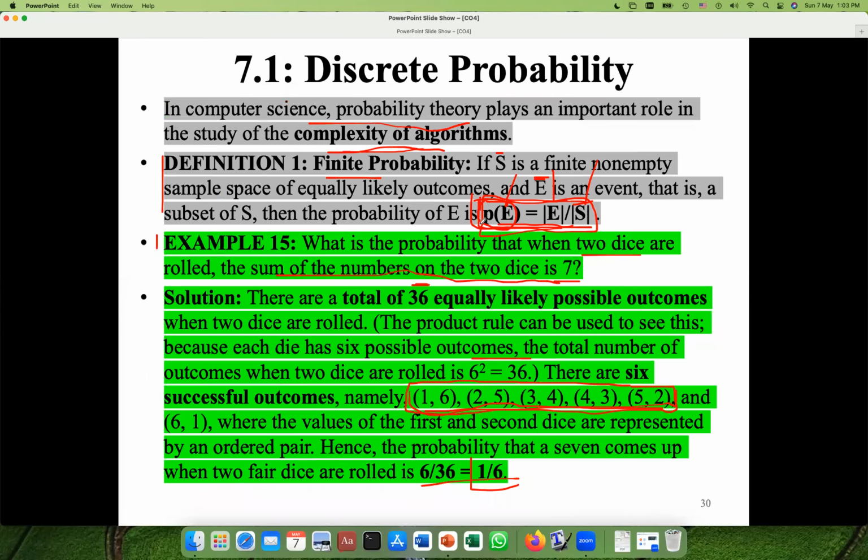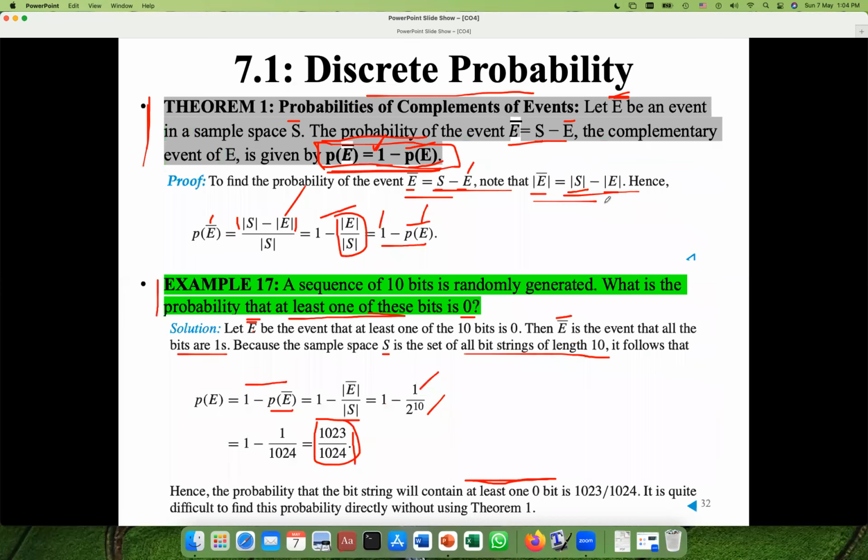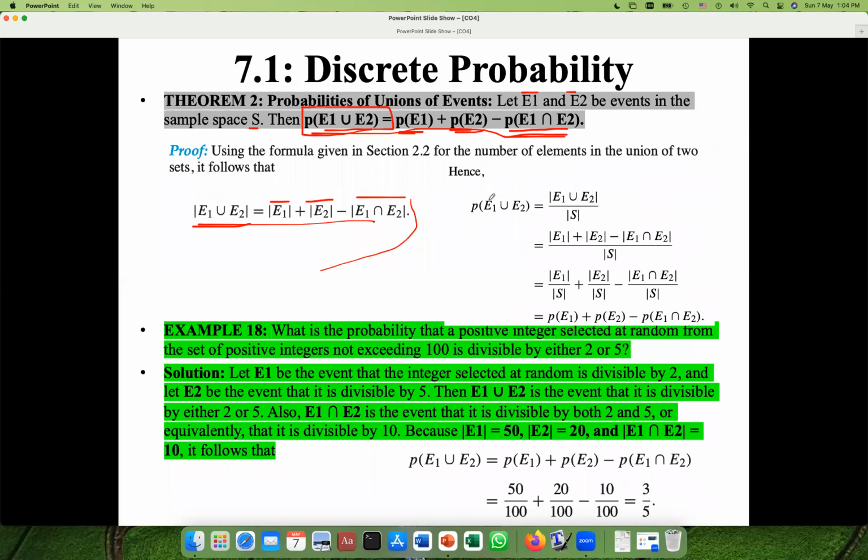That is the standard definition: the probability of E is equal to the size of E divided by the size of S. Now, according to that equation, this is your E and this is the given space. So the probability of E is the cardinality of E over the given space. We are using that standard definition and writing it like that. Nothing else.